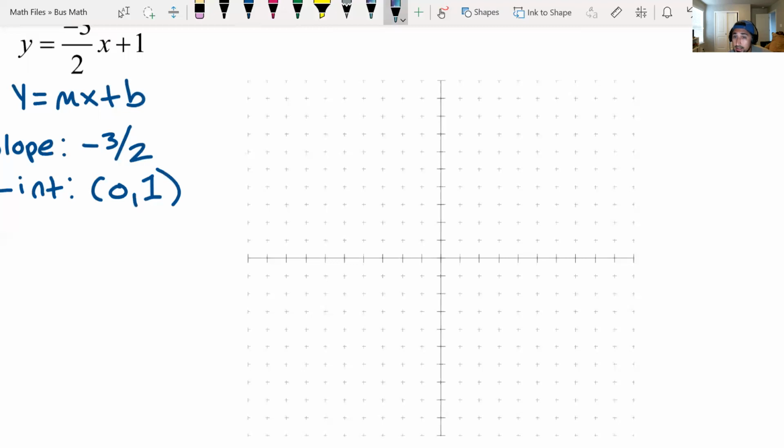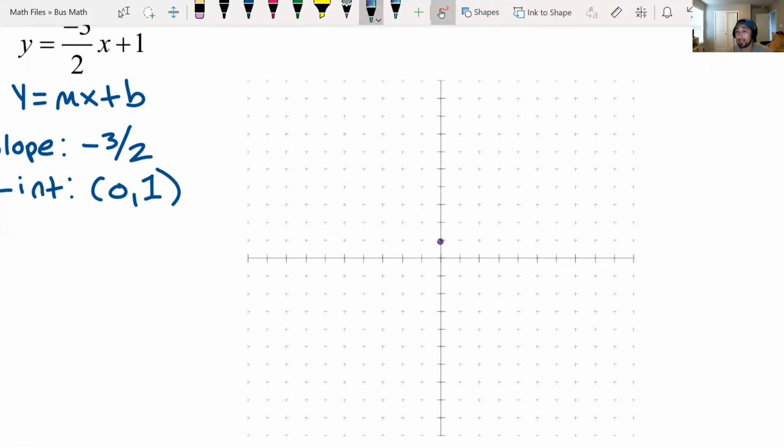That means I start from the center and I go up 1. So there's my y-intercept. There we go. And now my slope is -3/2.